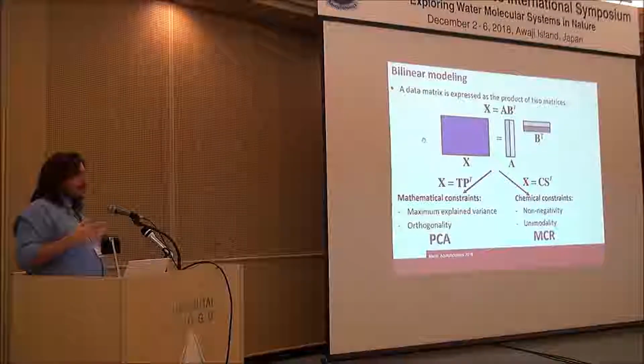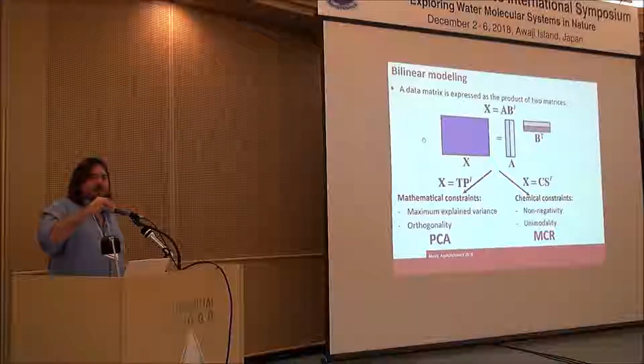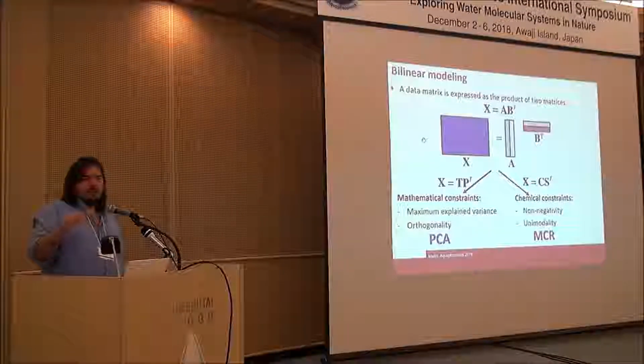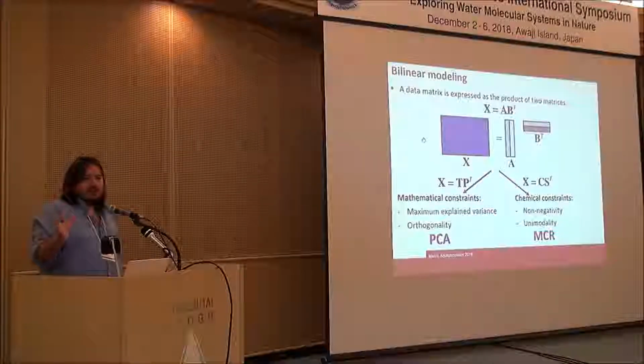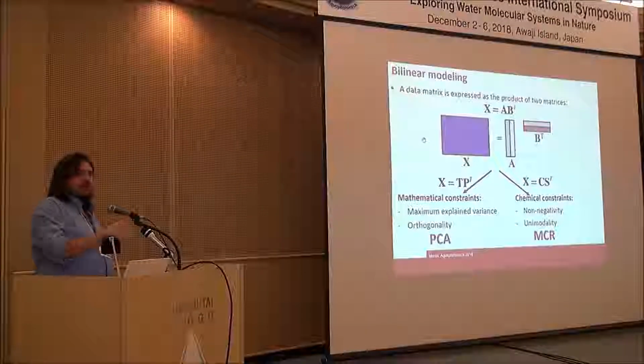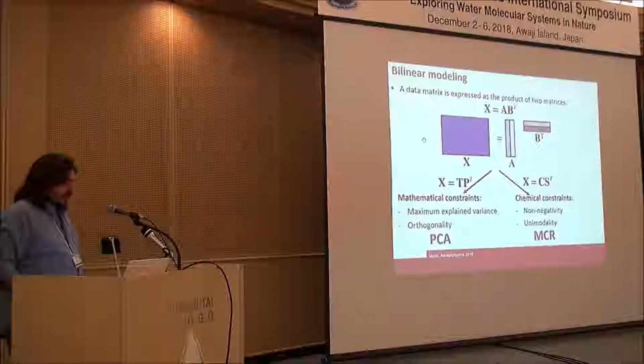But still, we can try to input as constraint information that is more chemically relevant than the one that we would have in PCA, because no chemical information is used in building the model. We use it for interpreting it, but we don't use it for building the model.